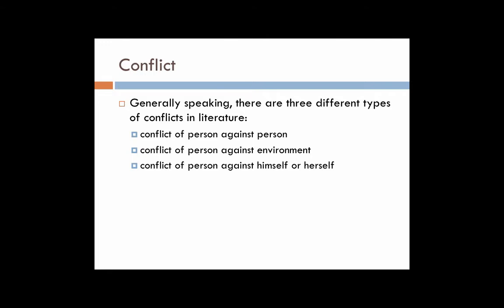And that's where, again, one of the distinctions between formulaic fiction and literary fiction comes into play. The more literary the work is, chances are you're going to be able to identify with the types of conflict that you see the characters going through.